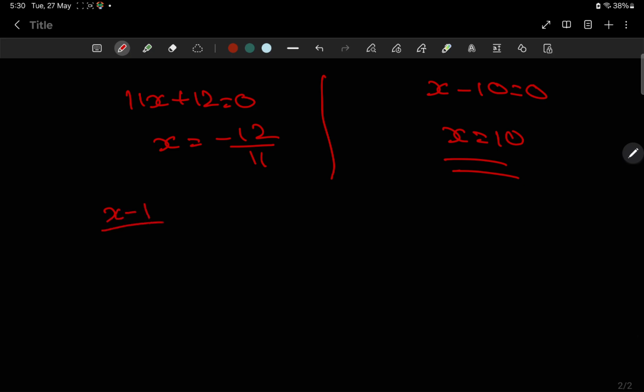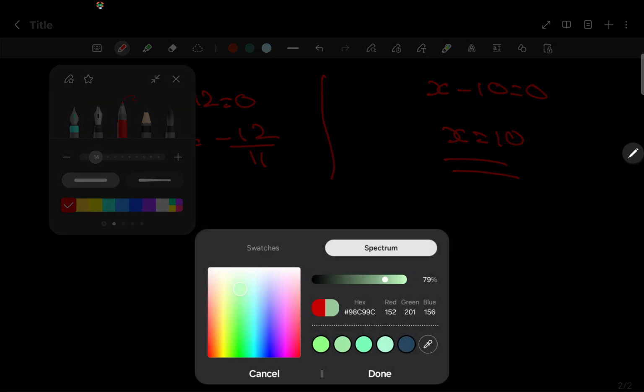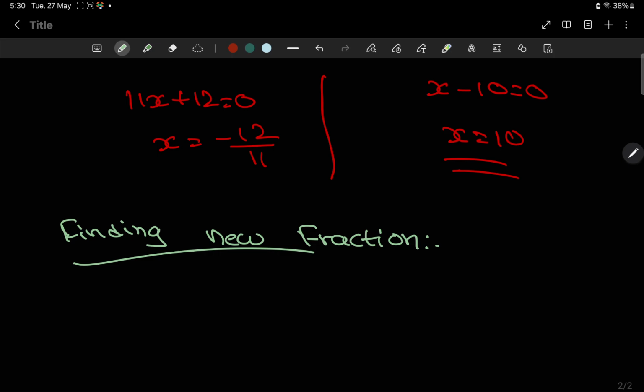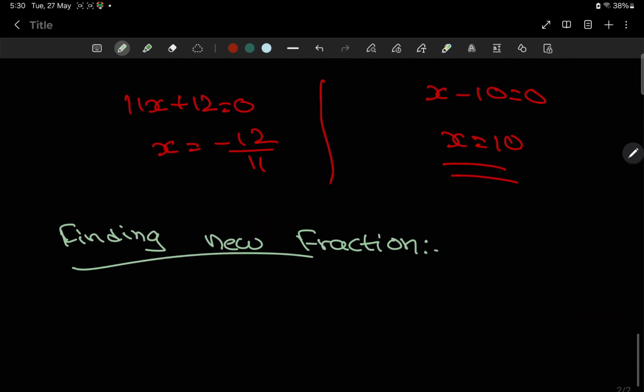x minus 1 by x plus 2. Okay, now we are finding the new fraction.